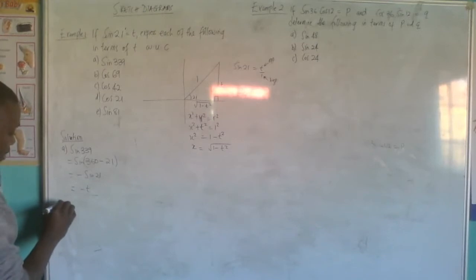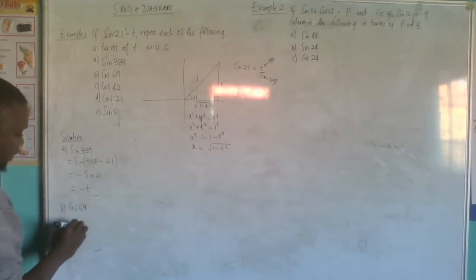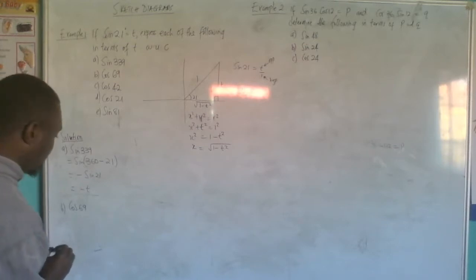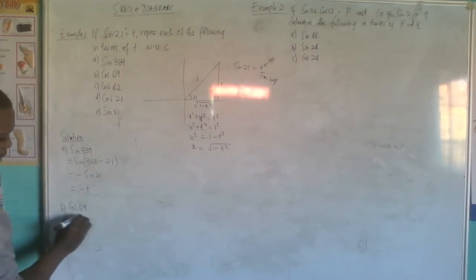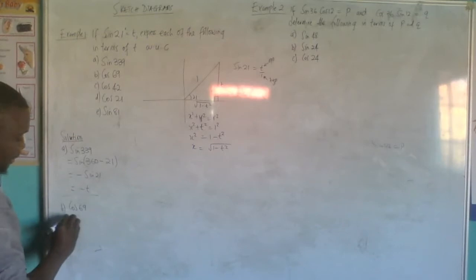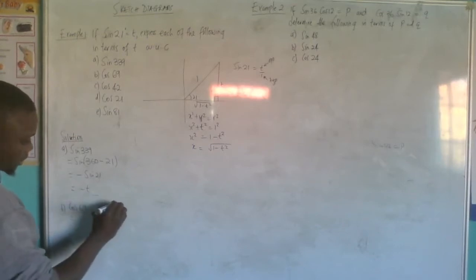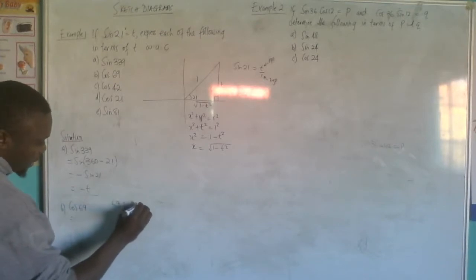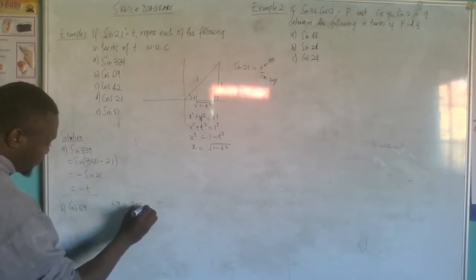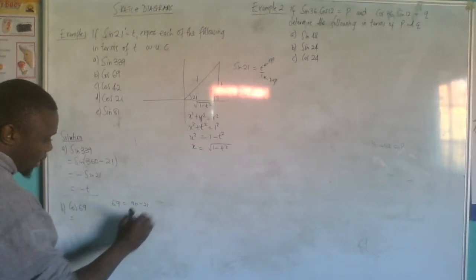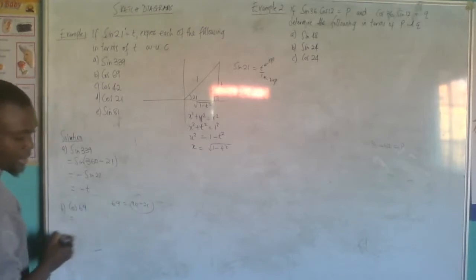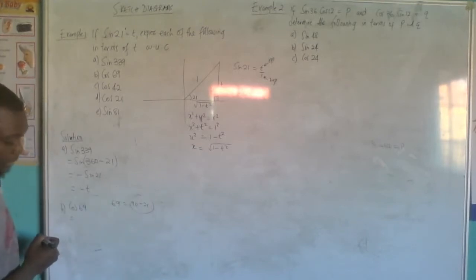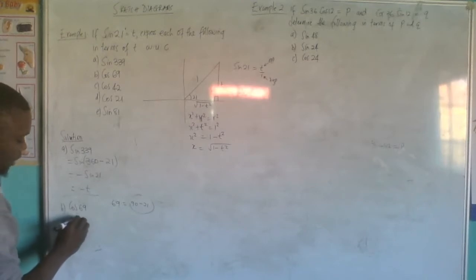Then B, which is cos 69. Now cos 69, if we place in the calculator, we find that cos 69 will equal, 69 will go to 90 minus 21. But now this is a cofunction now. So I have to change that to its cofunction.